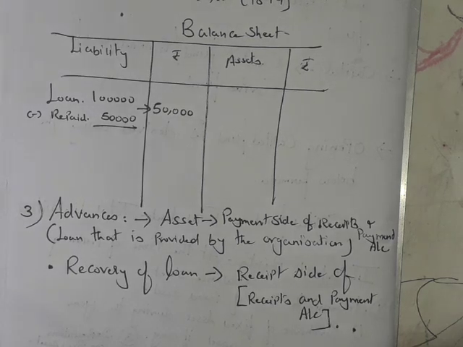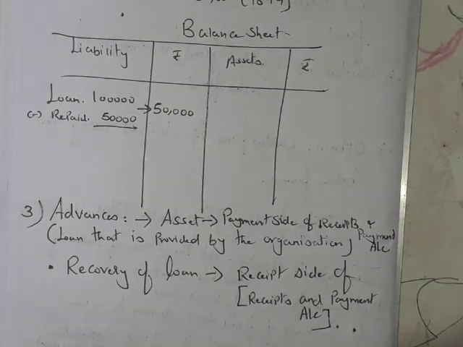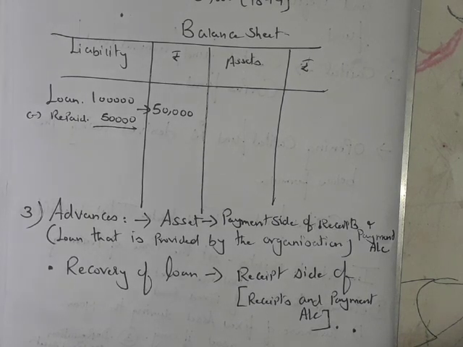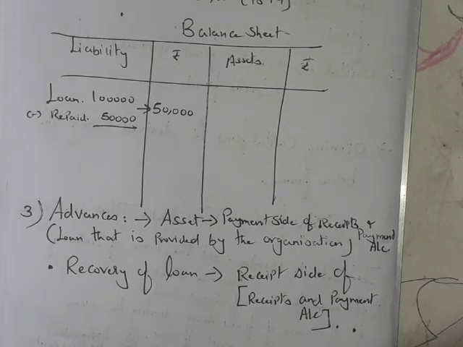Say for example, in the same X club, there is a member by name Ram, and Ram needs a payment to meet some emergency, and he is getting his salary or something in advance. So this amount the NPO is going to pay to Ram will be denoted as advances.